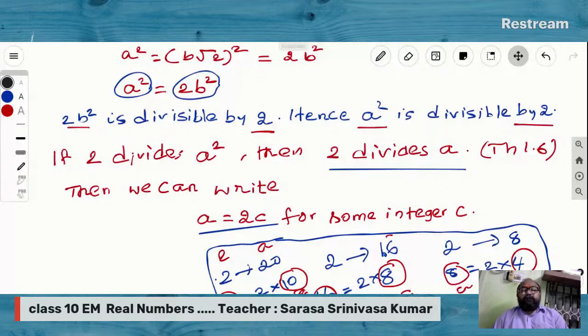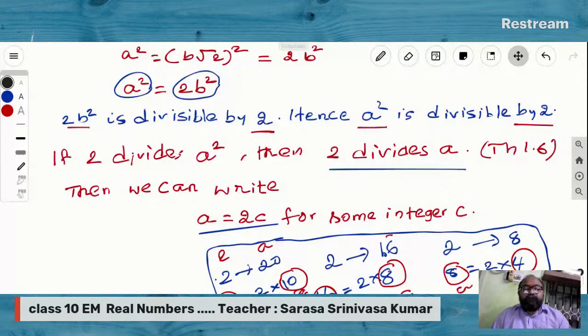When the right hand side is divisible by 2, we can conclude that the left hand side term a square is also divisible by 2. Since the left hand side a square is divisible by 2, by applying theorem 1.6, if p divides a square, then p divides a.